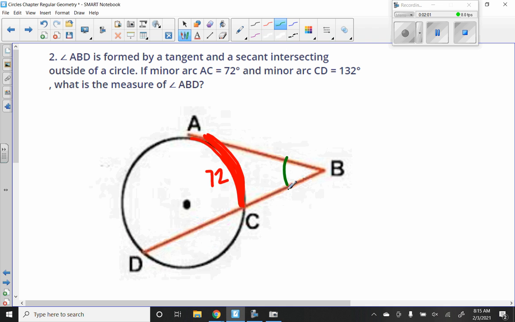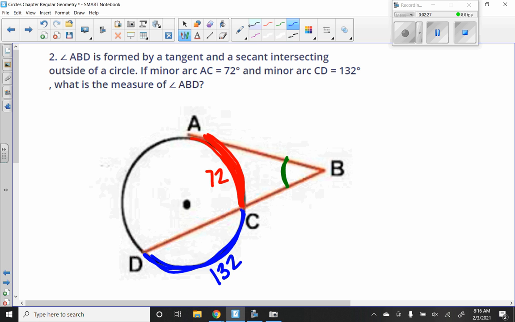Our angle is right here. And minor arc CD is 132. What is the measure of our green angle ABD?